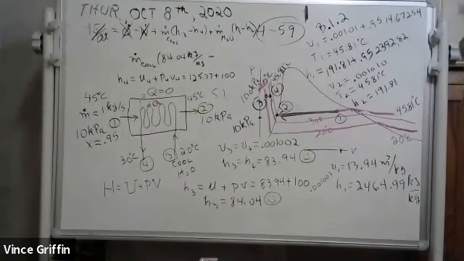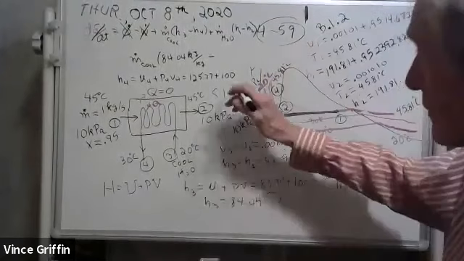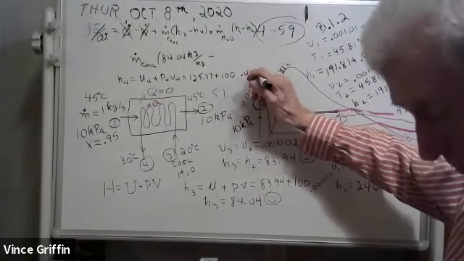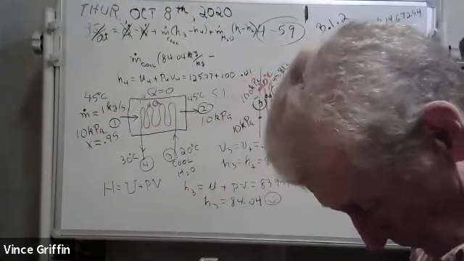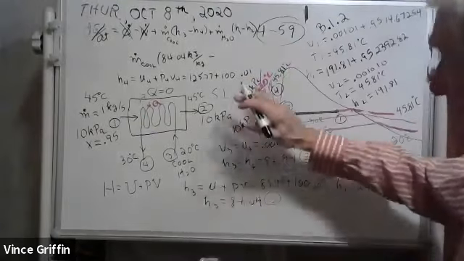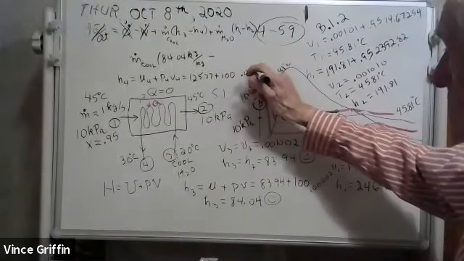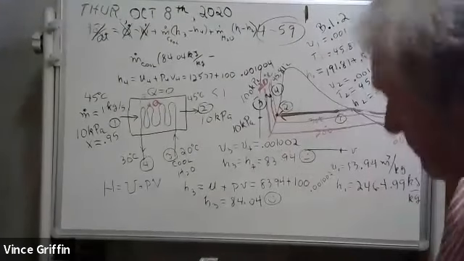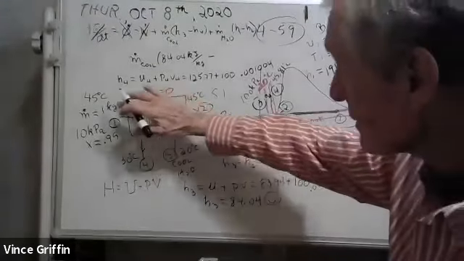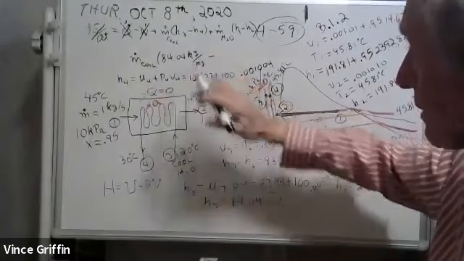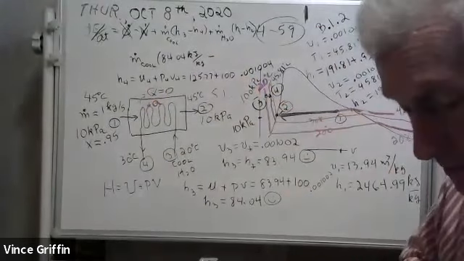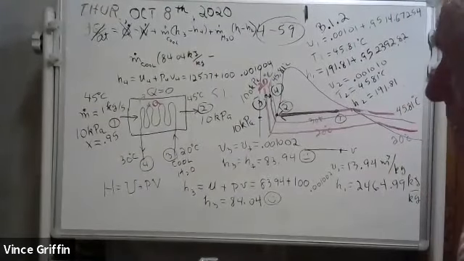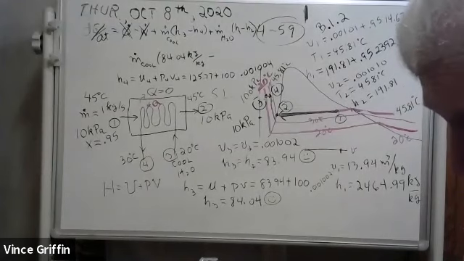At 30 degrees, the V at 4 is 0.001004. Yeah, that's it. So I can get the H4, and I'm going to put it right here. Here goes. There's really an easier way to do that.